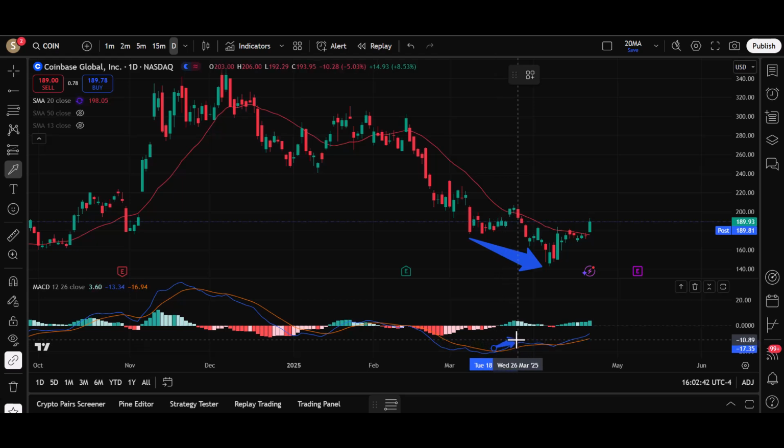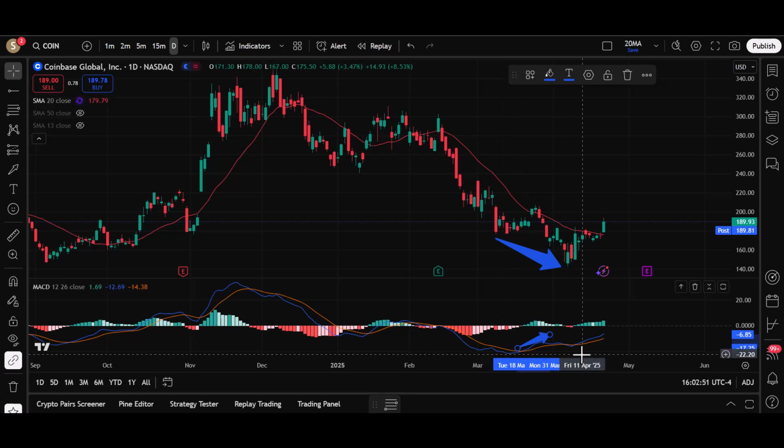MACD is on an upward trajectory. You have a higher low, and now the stock has turned again, along with Bitcoin, but now the stock is above the 20, which is just beginning to flatten out a little bit. And you have MACD moving higher with the stock now. But again, another example of positive divergence.